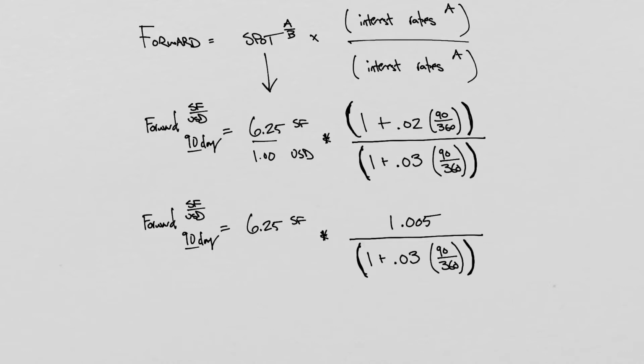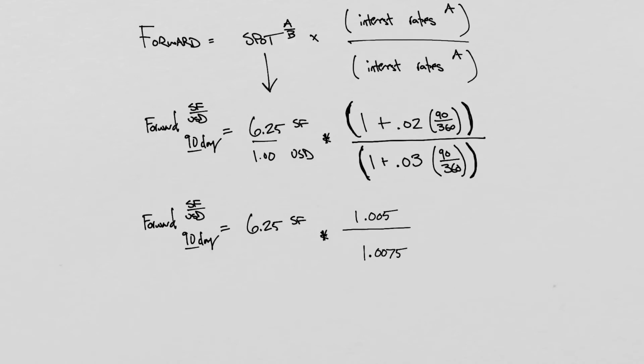And then again, in the denominator, 90 over 360, another way to say that is 0.25. Simplifying further, the 90-day interest rate then is 0.0075, a little less than 1% on a 90-day basis, and then add the 1. And this is how you price a forward contract.